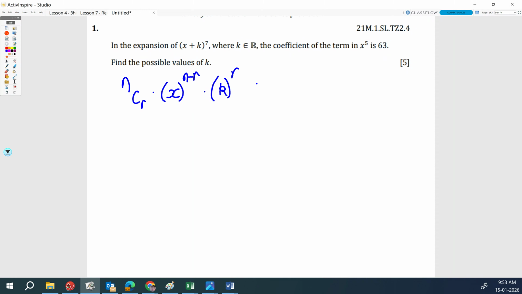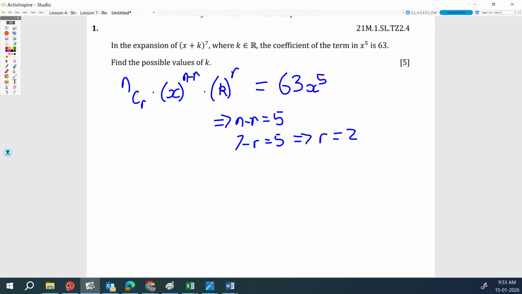We need this to equal 63x^5. The term in x^5 is equal to 63. So that implies n minus r is equal to 5. We know the value of n, it's given as 7, so 7 minus r is equal to 5. This tells us that r is equal to 2.